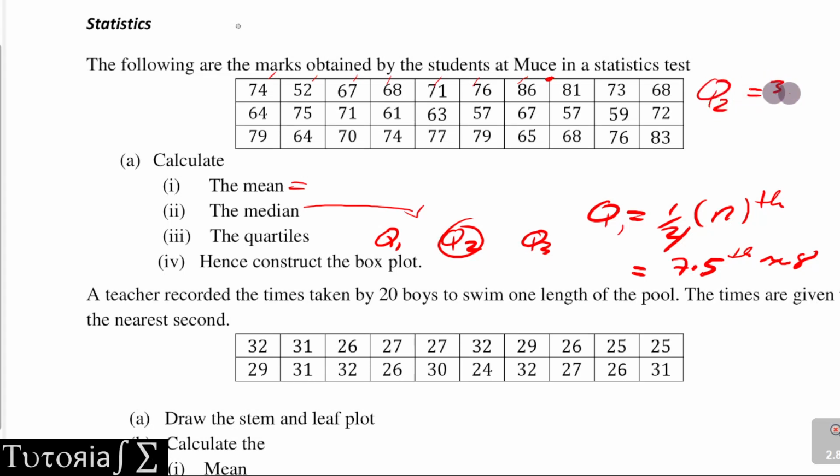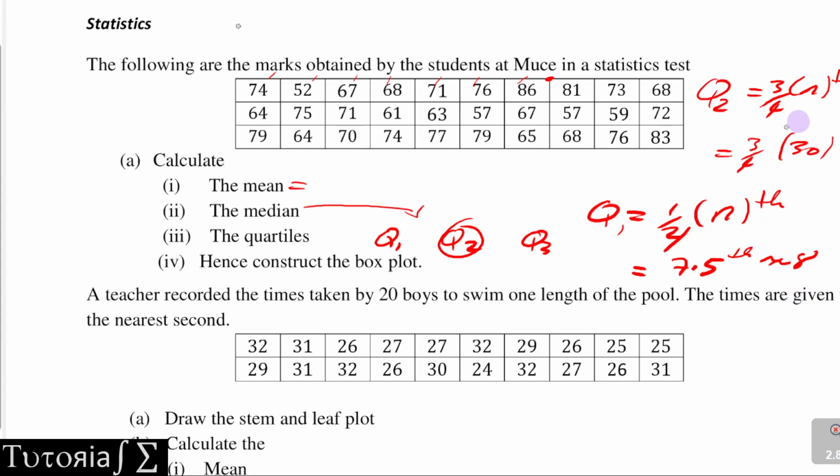Quartile 3 is 3/4 of the nth. So in this case, it will be 3/4 of n, which is 30. So that will be 90 divided by 4, which will give you the 22.5 position.